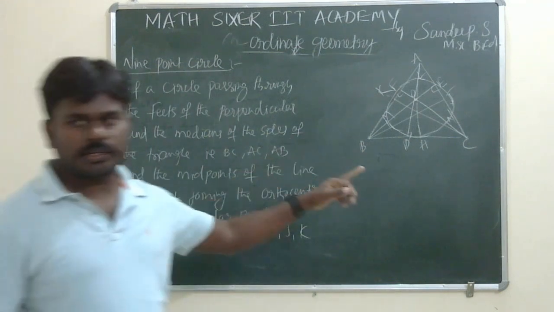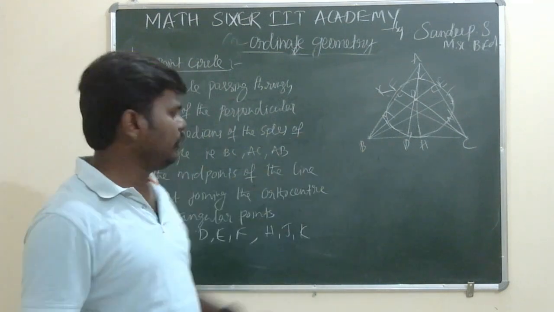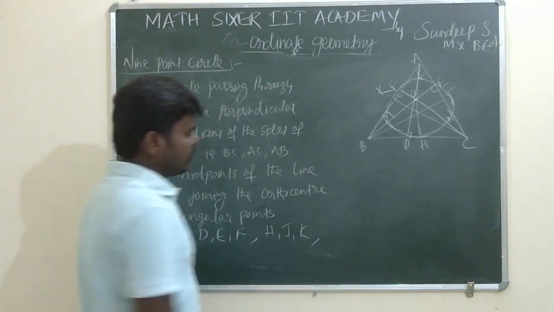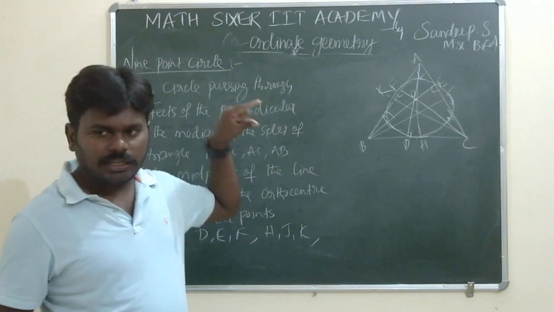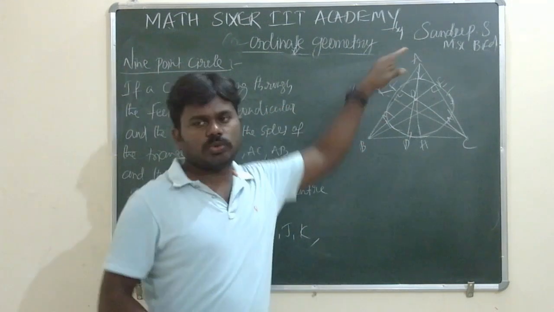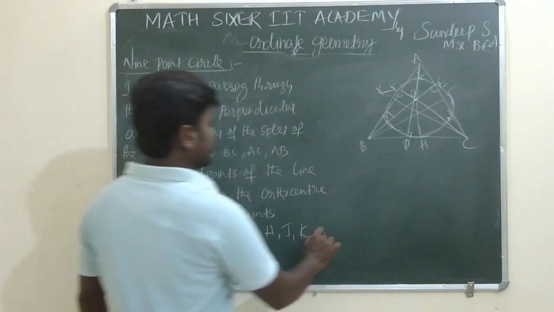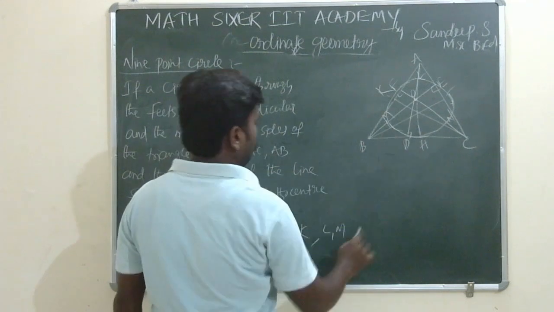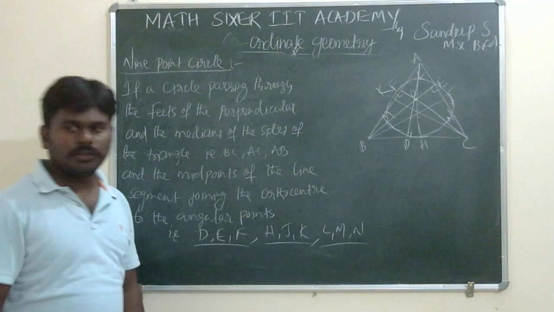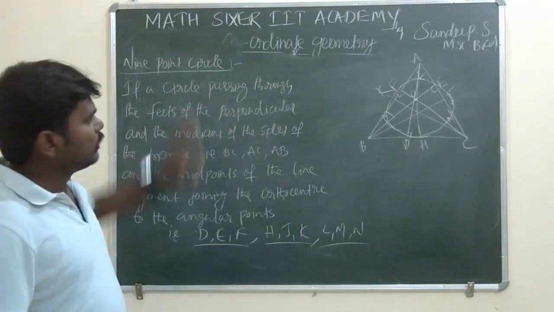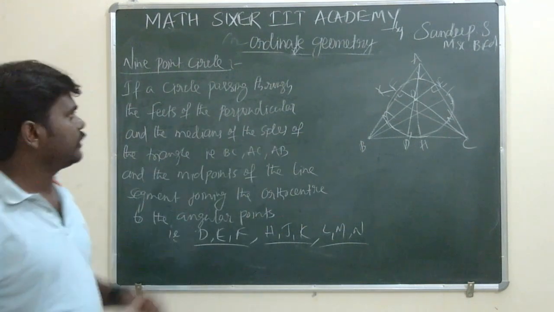G is the centroid, so I didn't take it. Next, L, M, N are the midpoints of the line segments joining the orthocenter to the angular points. So these are the 9 points in total. This is about the 9-point circle.